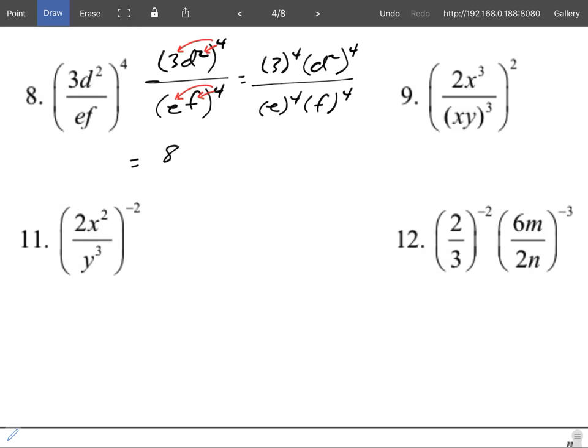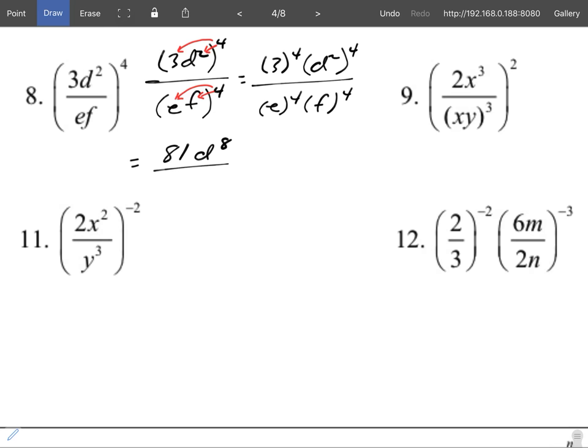So then that's going to give us 3 to the 4th. That's 3 times 3 times 3 times 3. I think that's 81. And then for this one right here, the d squared to the 4th, you're going to have to use the rule from yesterday. So that's where you have a power raised to a power, so you're going to multiply those exponents.